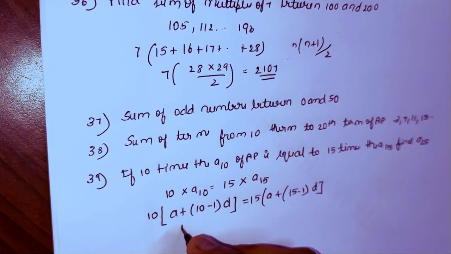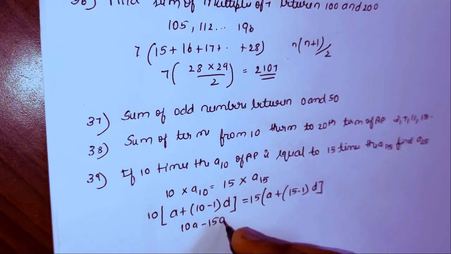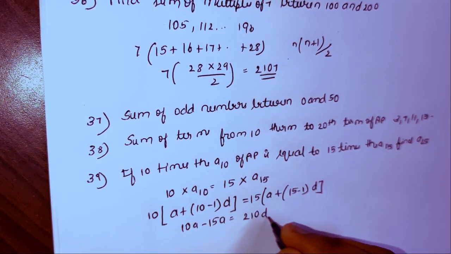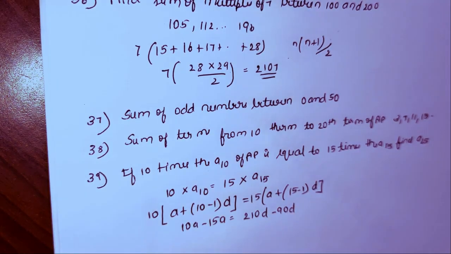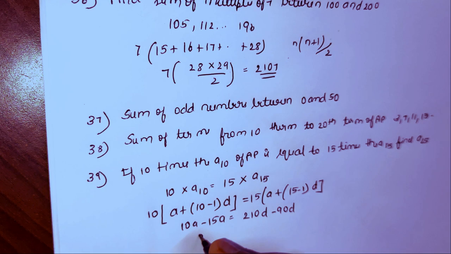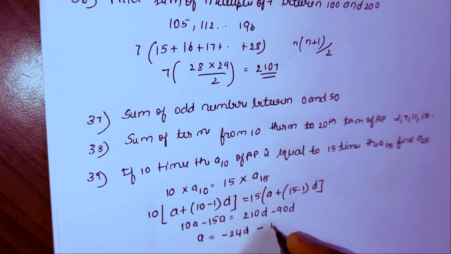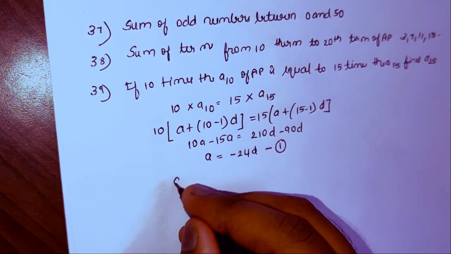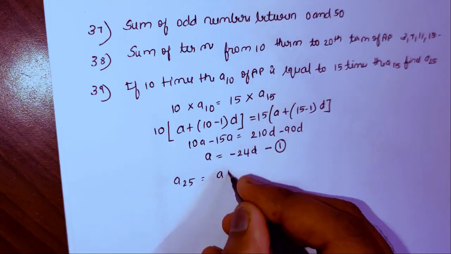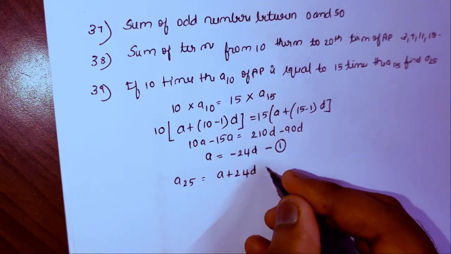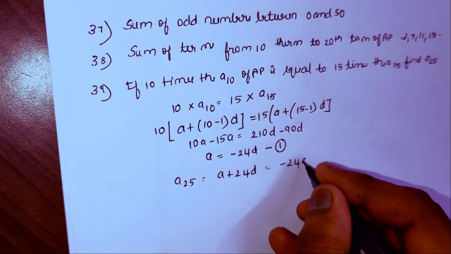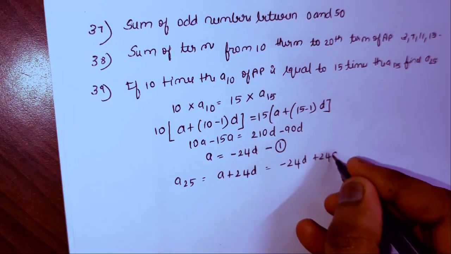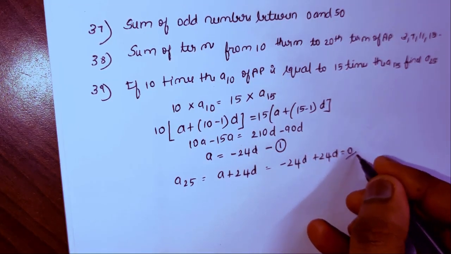You will get 10a minus 15a is equal to 210d minus 90d. We will get the value of a, that is minus 24d. Consider that as the first equation. A25 we know, that is a plus 24d. Value of a is minus 24d plus 24d, that is equal to 0.